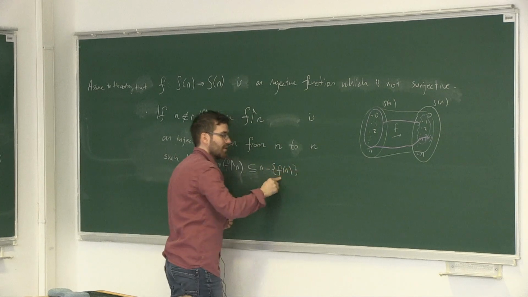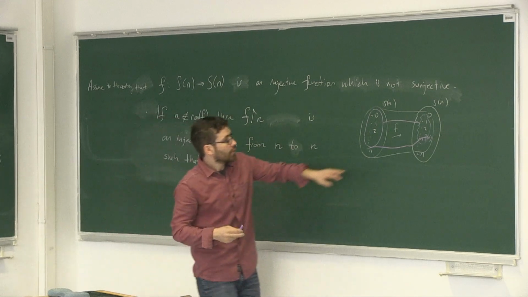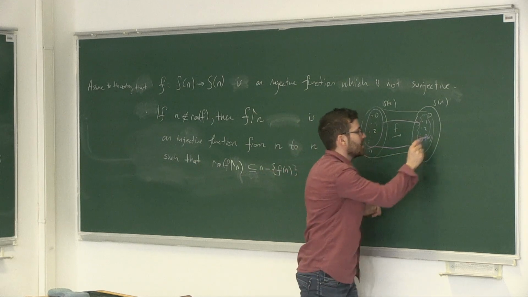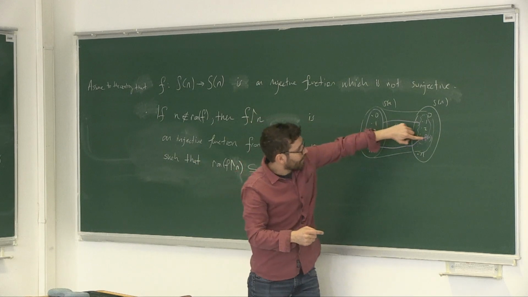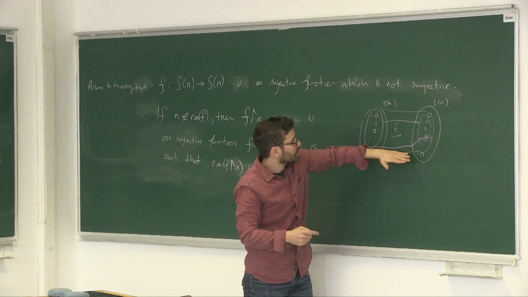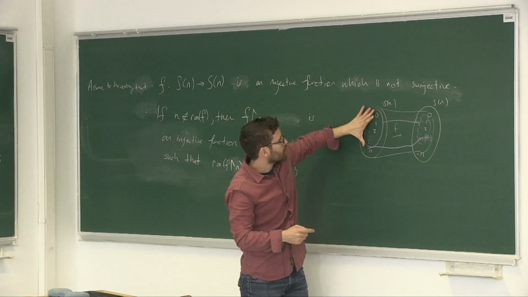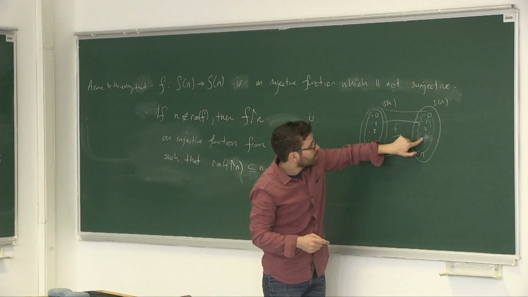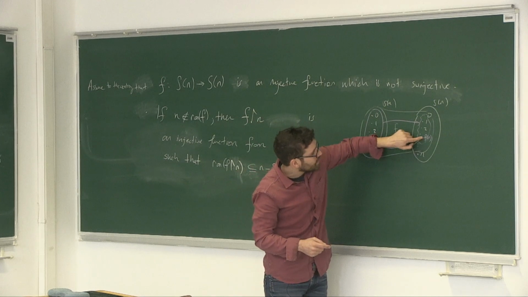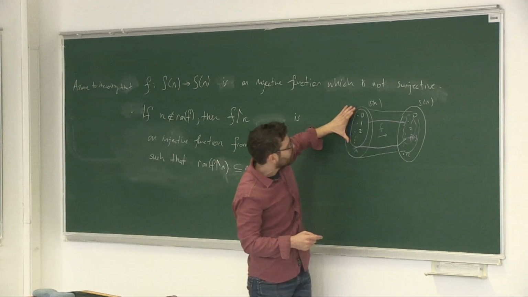It has to miss f of n. Since n is mapped to f of n and this is an injective function, if you don't look at the image of this guy, then this f of n cannot be in the range of this restriction.